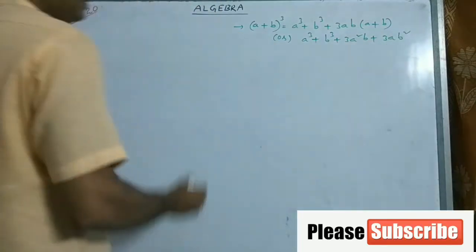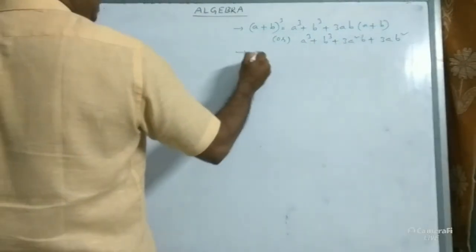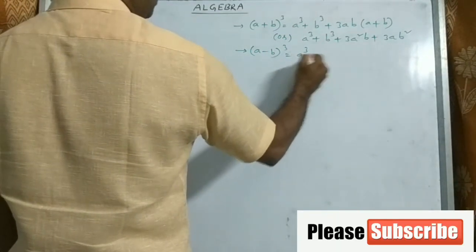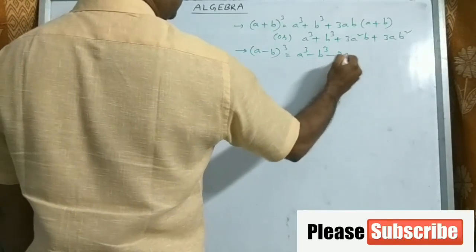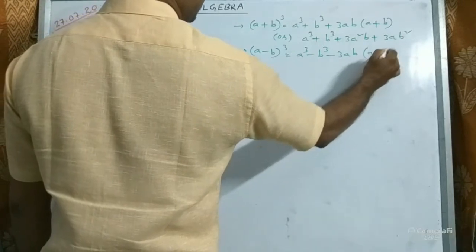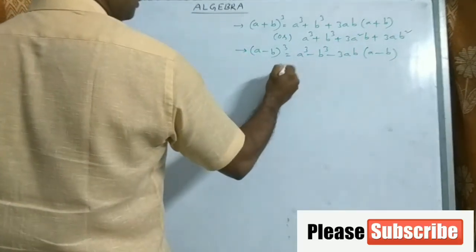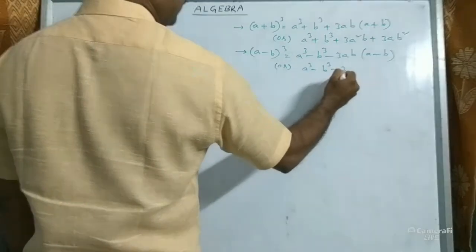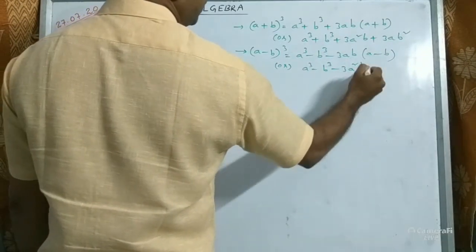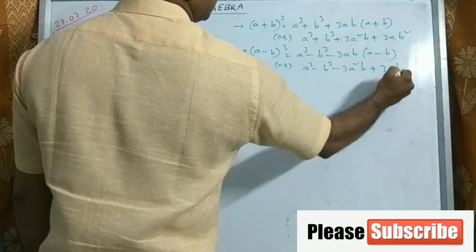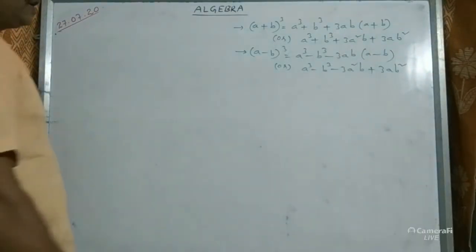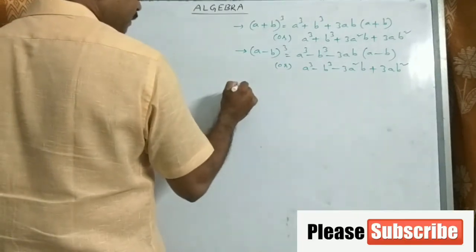I told you yesterday. This one, a minus b whole cube: a cube minus b cube minus 3ab, all negatives you must write here, a minus b, or a cube minus b cube minus 3a square b plus 3ab square. These two are the cubes of binomials.